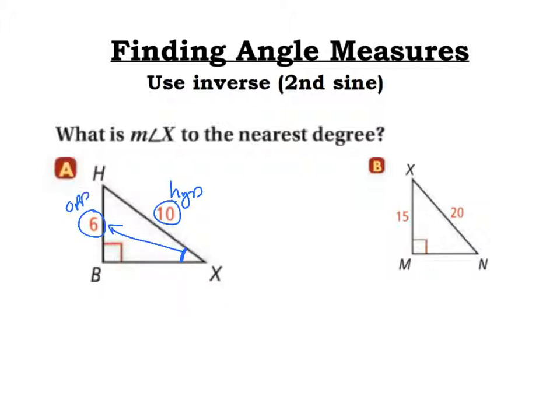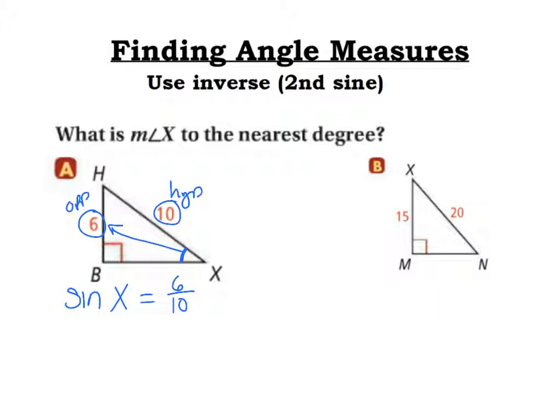Now the question is, is that sine, is that cosine, or is that tangent? That's sine. So I'm going to say sine of, and previously I always knew the angle. I don't know the angle, so I just write x. The sine of x is supposed to equal the opposite over the hypotenuse.